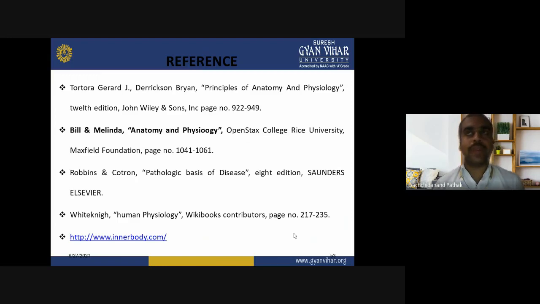You have to remember that the pancreas is a retroperitoneal organ which secretes both types of secretion, the endocrine secretion and the exocrine secretion, because the pancreas is made up of two different types of cells. 80% of the volume of the pancreas is occupied by the acini cells, while 20% of the pancreatic cells are the islets of Langerhans.